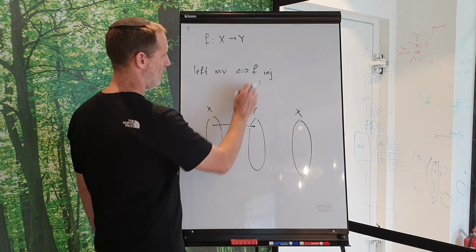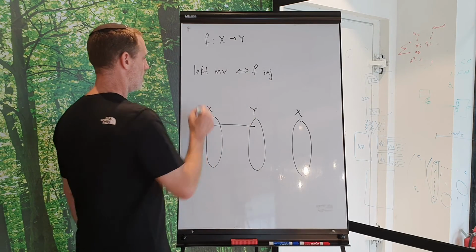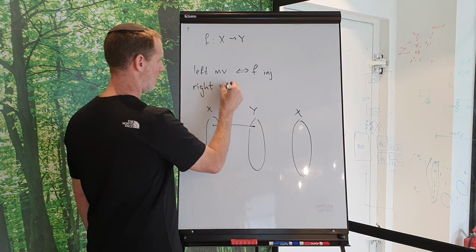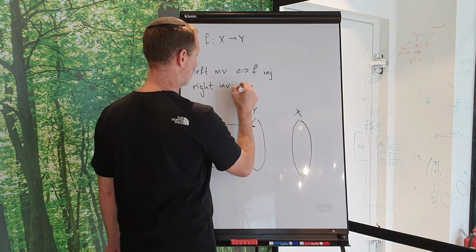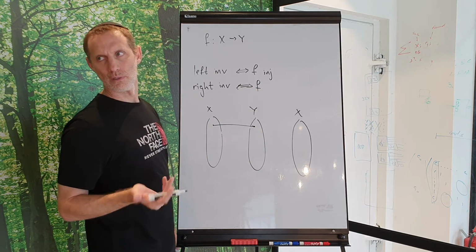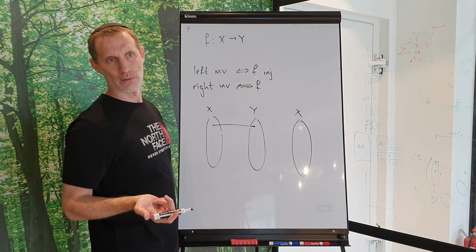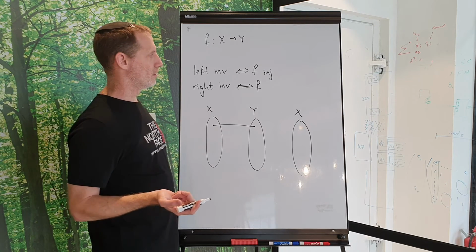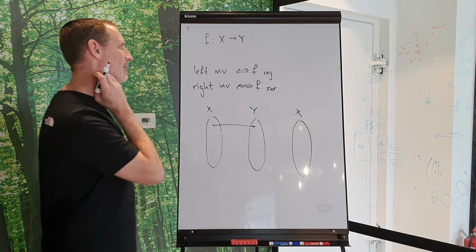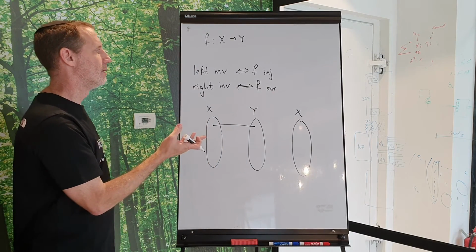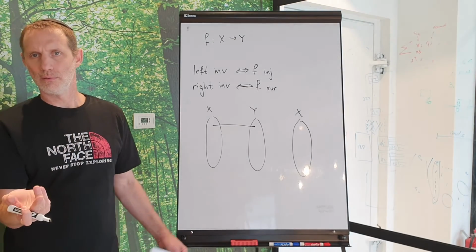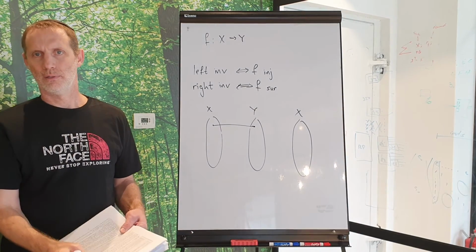So f must be injective. Now, if a right inverse exists, what does that say about f? That f must be surjective. This is easy, because if you don't cover the whole output space, you can never actually go back to the input space.